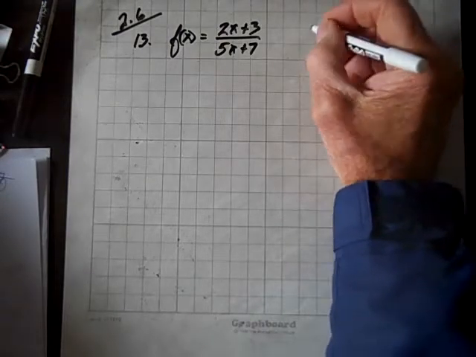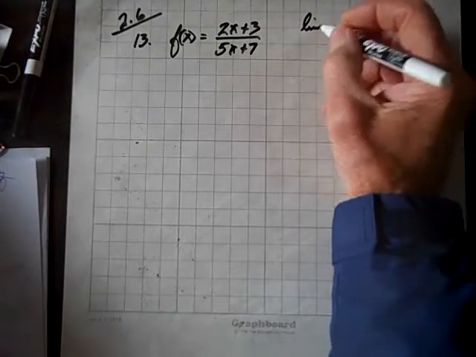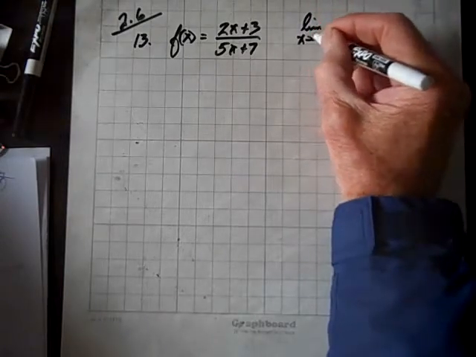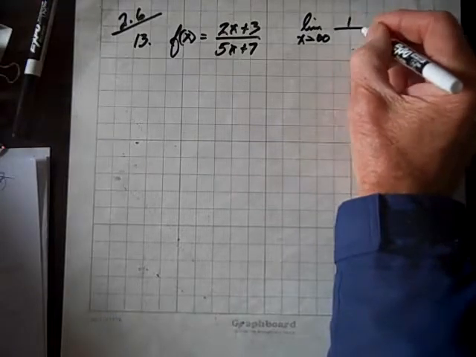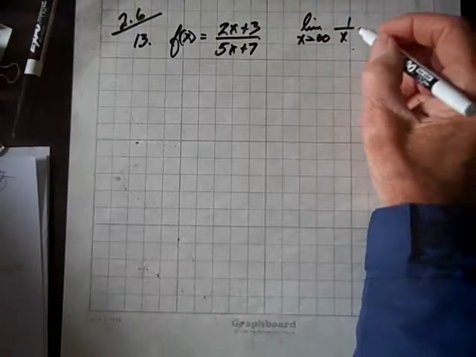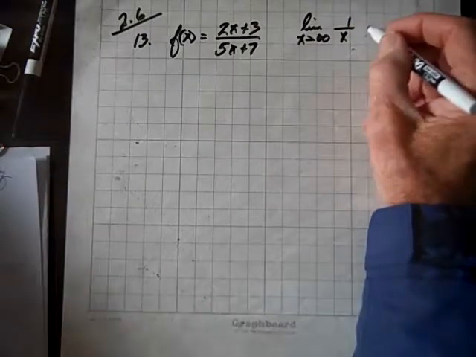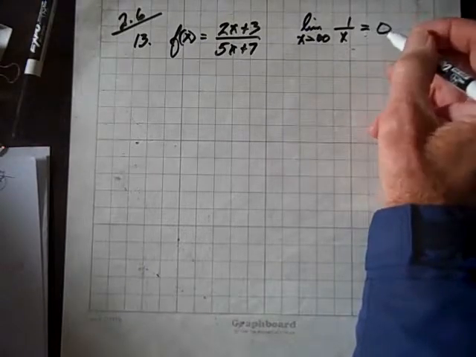Consider this. What if I had the limit as x goes to infinity of 1 over x? Will you agree that's going to be 0?